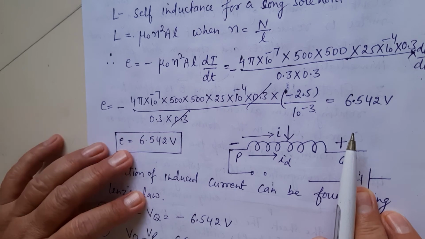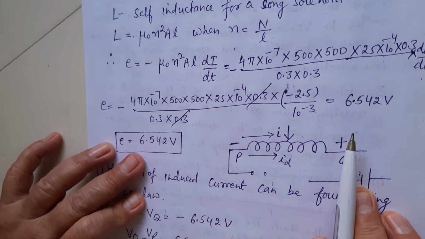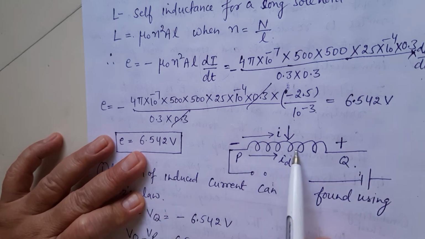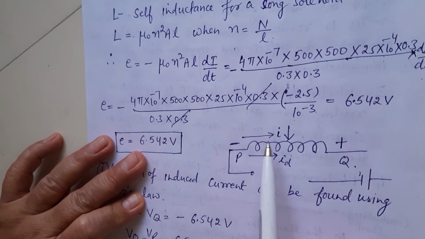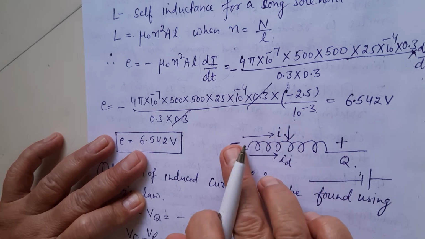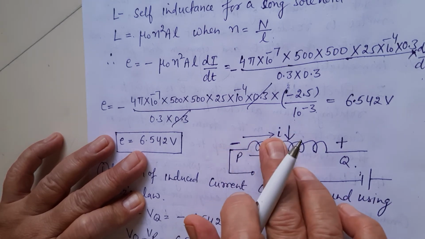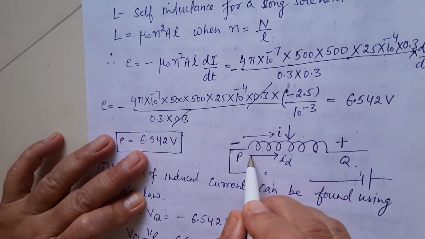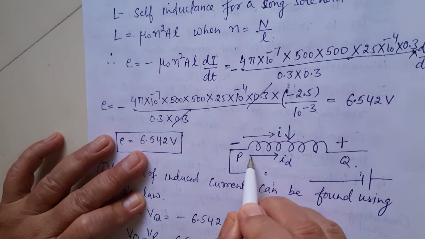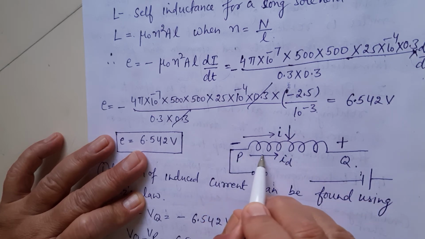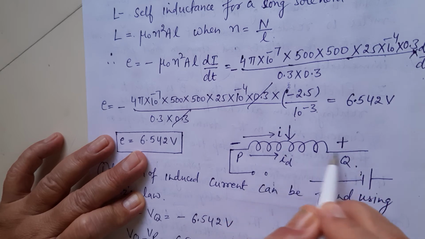When this induced EMF is 6.542 volt, if we want to find the direction, then we will draw a solenoid. This is our solenoid. In this case our current is decreasing. So let the current be from this side. When current is decreasing, the induced current should support it, so the induced current will also be in the same direction. It means this end is positive and this end is negative, where the arrow is going is positive.